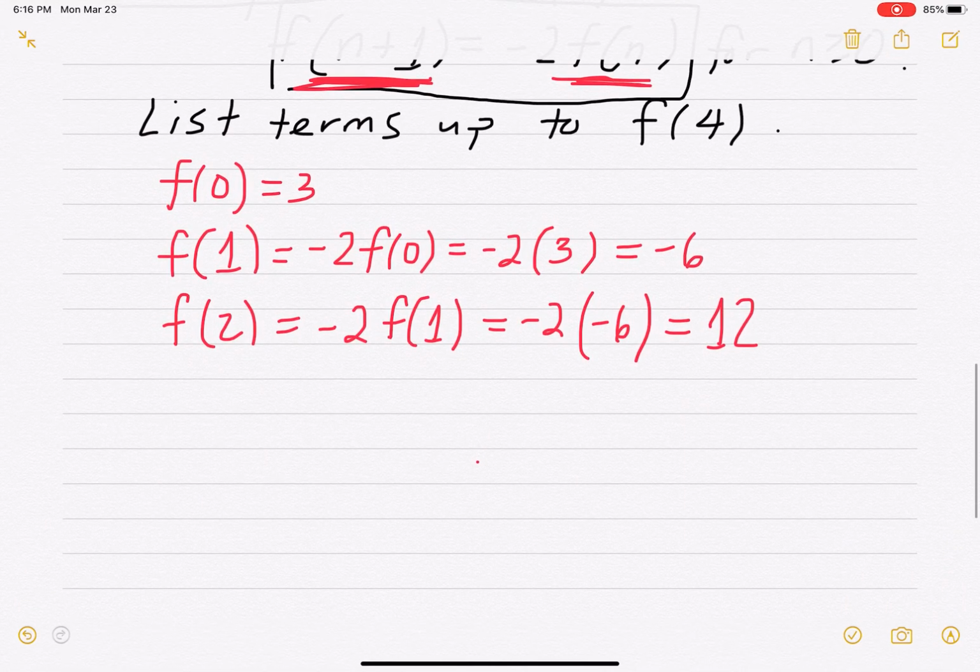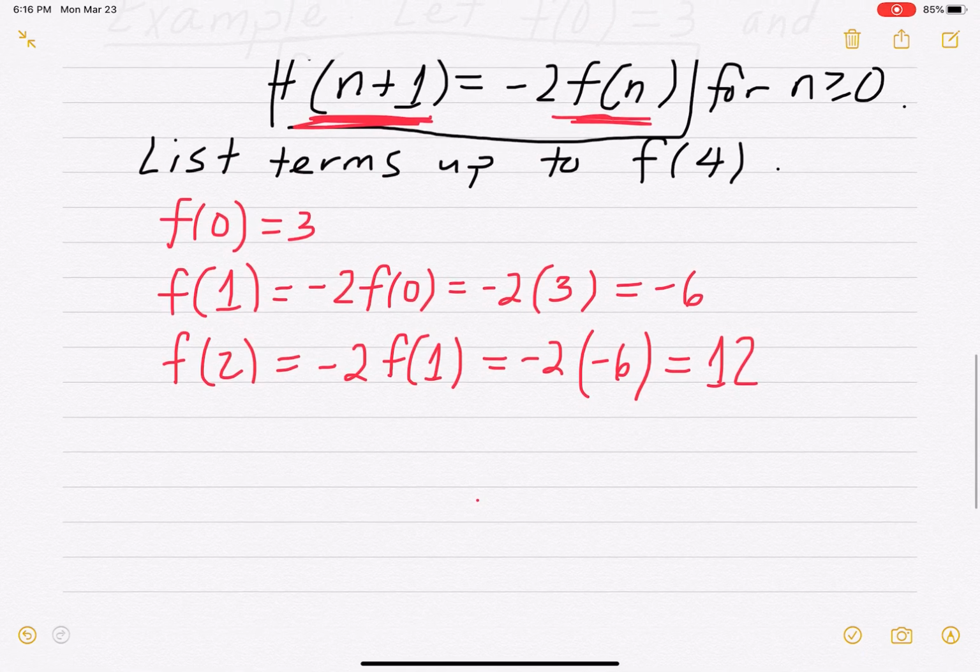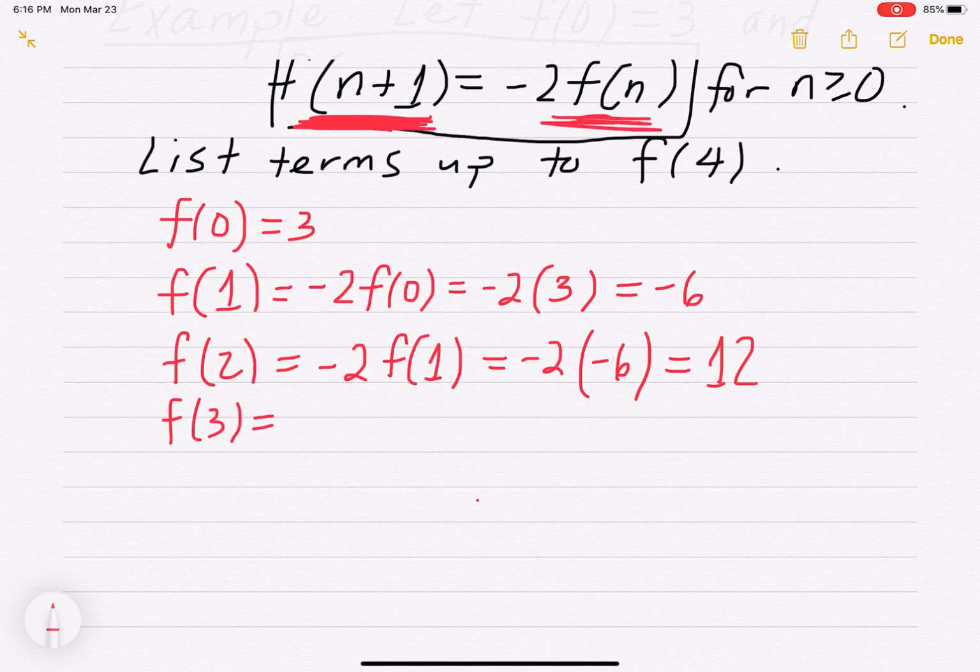Find ourselves f of 3. According to our recursive definition, f of 3 is going to be negative 2 times the previous term, f of 2. So in other words, negative 2 times 12, which is negative 24.